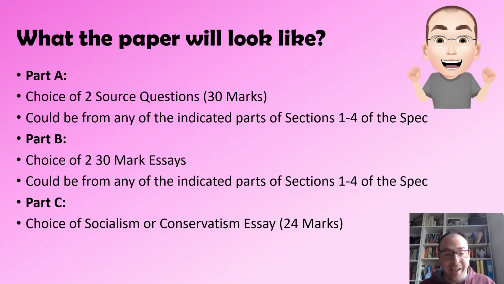And part B, again, is 2 questions, this time essays, again 30 marks, and you choose one of those 2, and again it could be from any of the indicated parts of sections 1 to 4 of the spec. And then the final part, part C of the paper, will be the ideology questions, and you'll choose between socialism or conservatism. So we know liberalism isn't there. So that's the first part of something where we can go, oh, right, we have a bit of a better idea in terms of what's going to be on the exam paper.